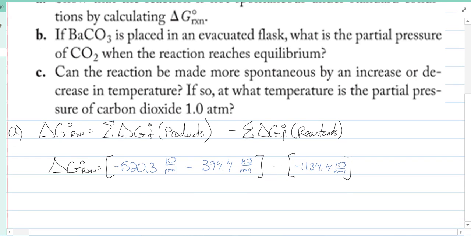That gives me the standard free energy change of the reaction. I got 219.7 kilojoules per mole.